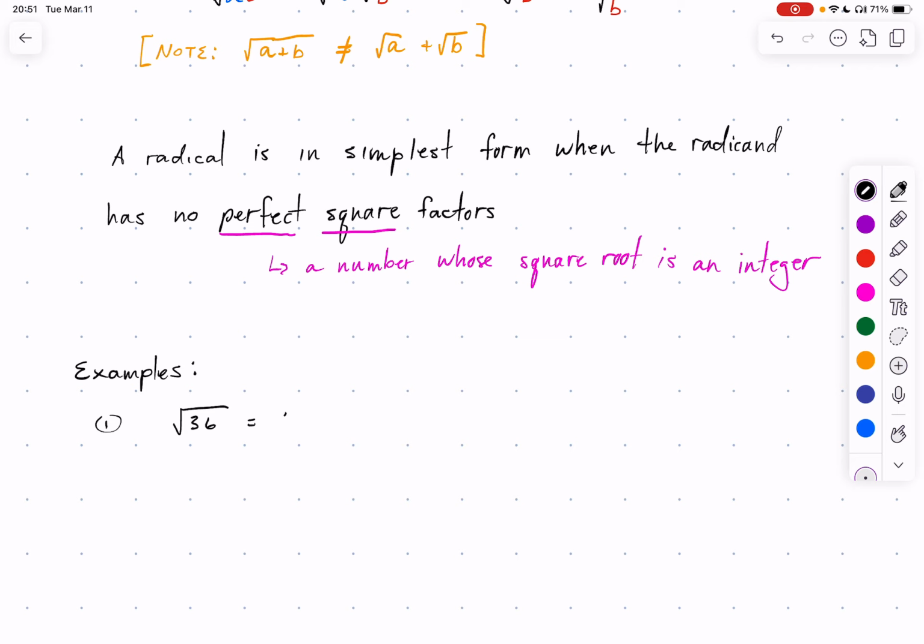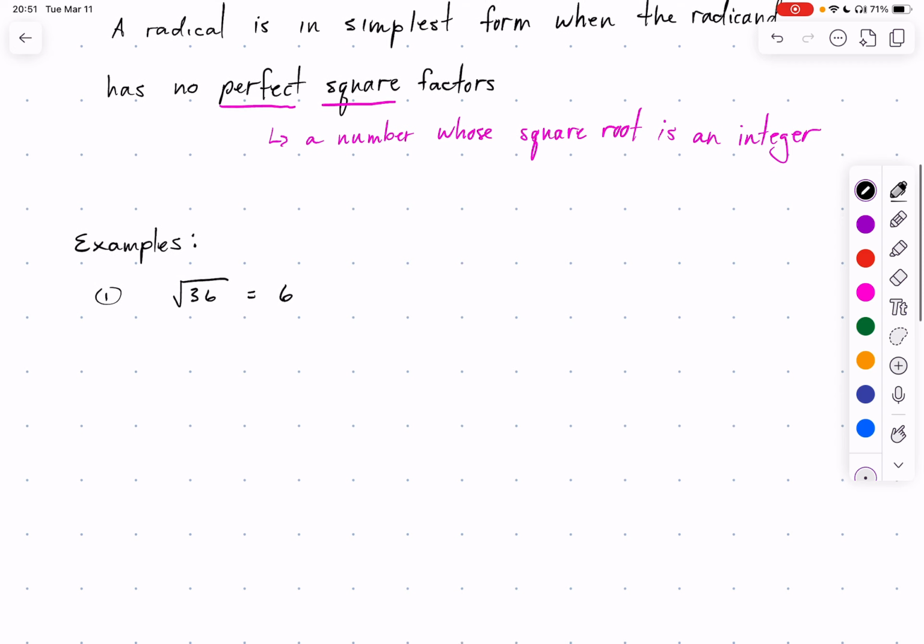So the square root of 36 is just 6. So we can simplify that as an integer. Okay, so that's an easy case. If it's ever a perfect square, okay, so this tells us that 36 is a perfect square, we can just simplify it to its integer form.